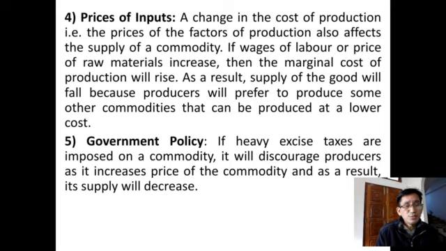So when the price of inputs rises, automatically the supply of that good will be reduced, and they will try to increase the supply of some other goods which give them maximum profit.